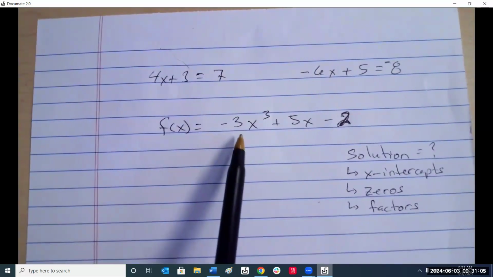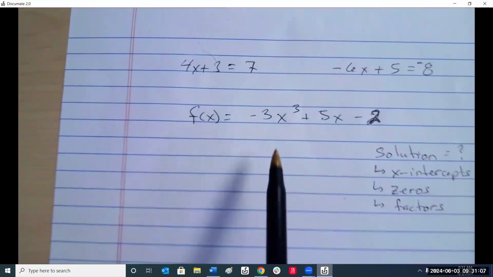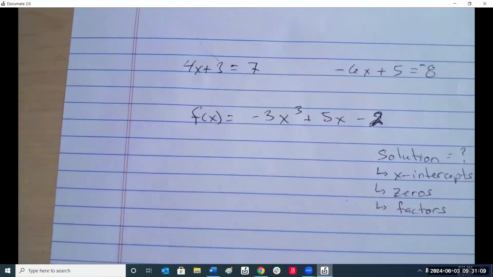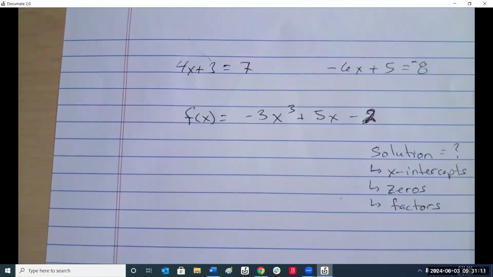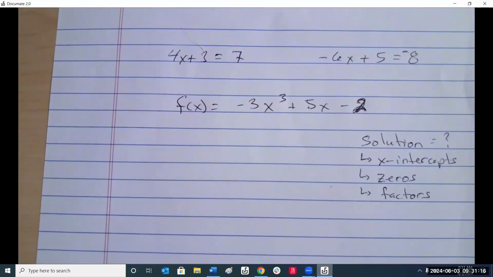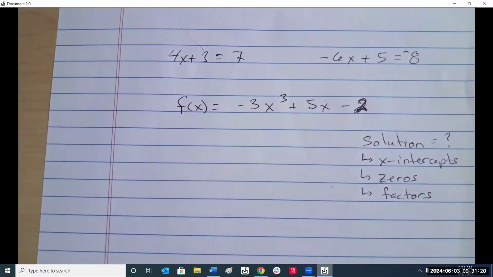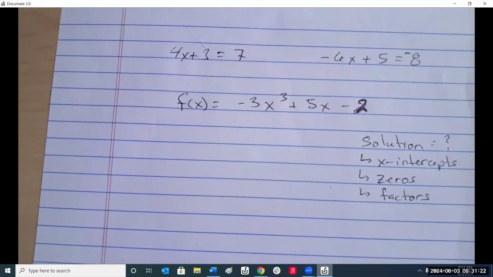So when we talk about solutions, we're saying, how many times will this graph cross the x-axis? Can you guess that? I'm not expecting you to, because if you knew it now, then you'd already be in chapter 2 or chapter 3.